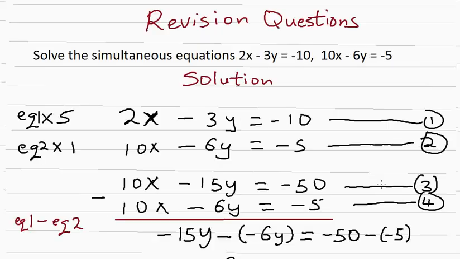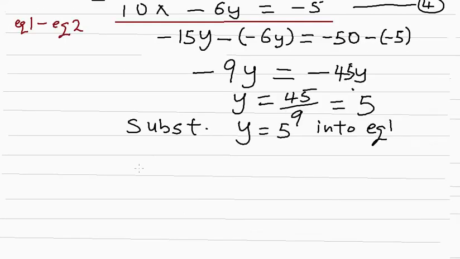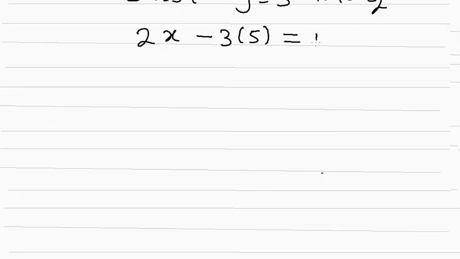Going straight to equation 1, any place I see y, I'll put 5. So equation 1 is 2x minus 3y, which is 5, equal to minus 10. So this is going to be 2x minus 15, since 3 times 5 is 15. Then take it to the rest of the equation.